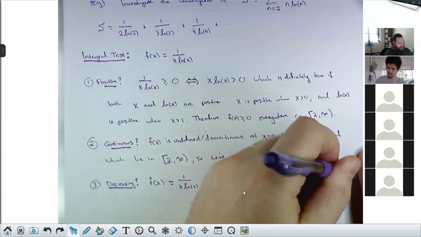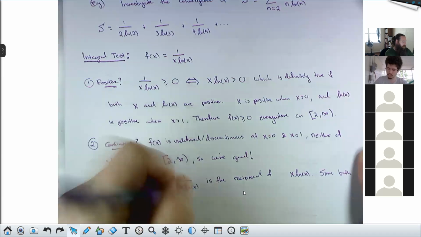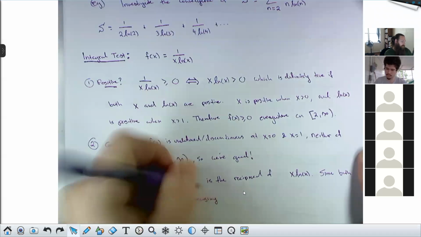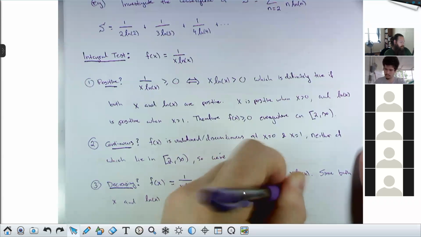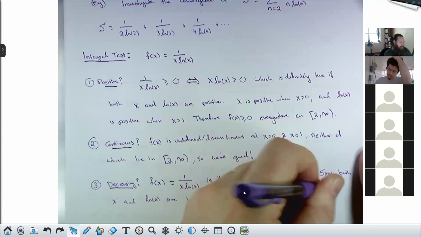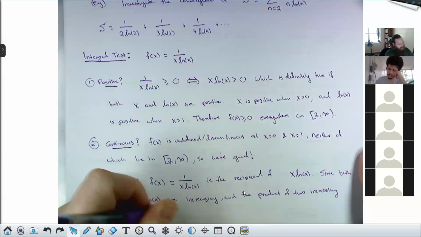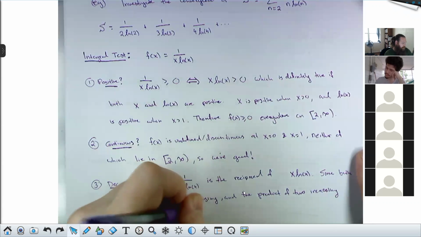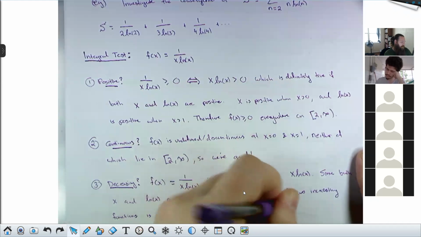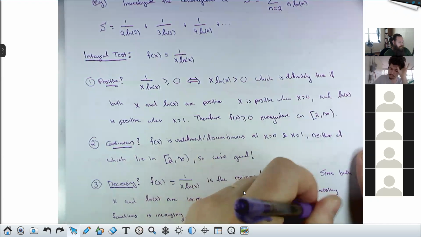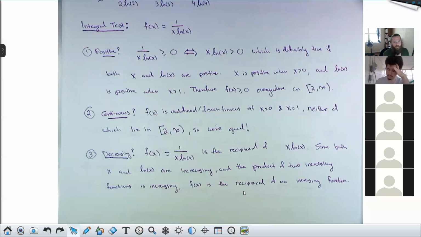Since both x and ln x are increasing functions, and the product of 2 increasing functions is increasing, f of x is the reciprocal of an increasing function. Right? That's the clean way to argue this, I think.